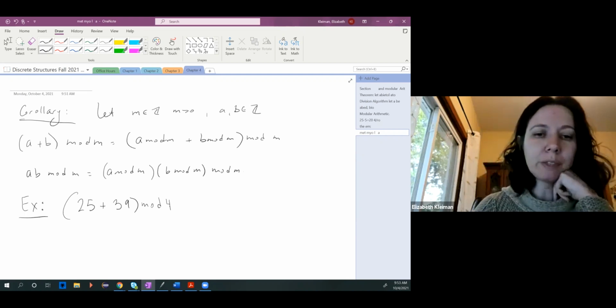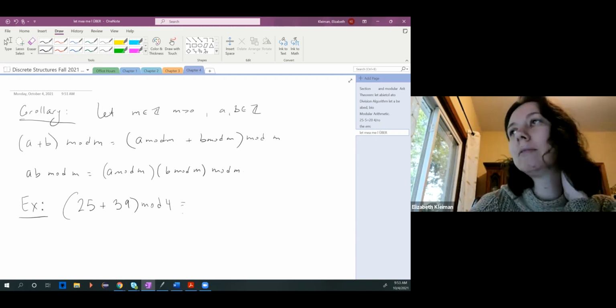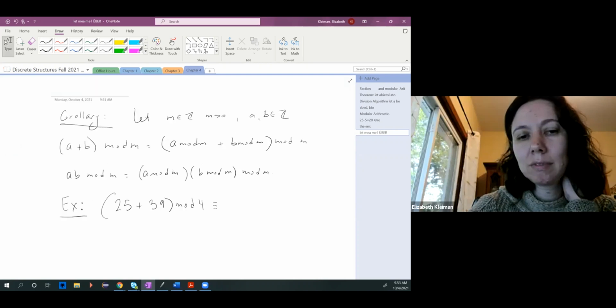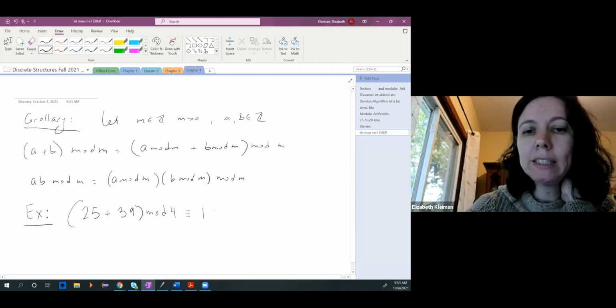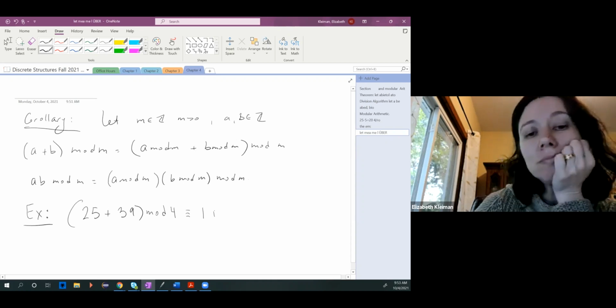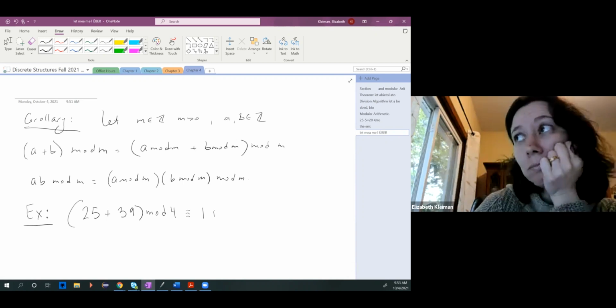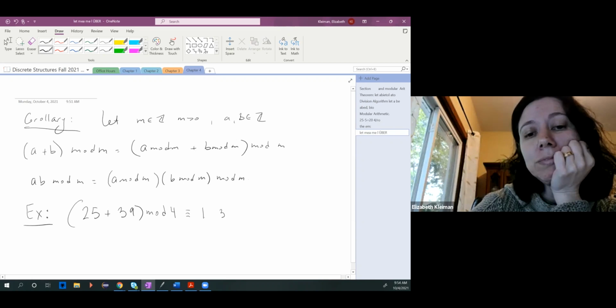Okay. So 25 mod 4 is 1. And 39 mod 4 is 3.